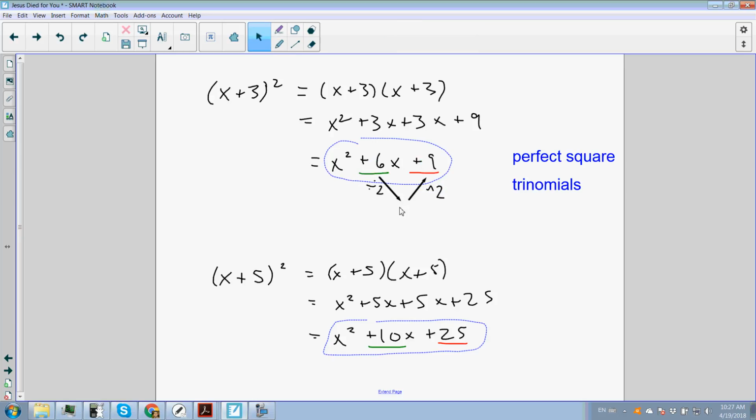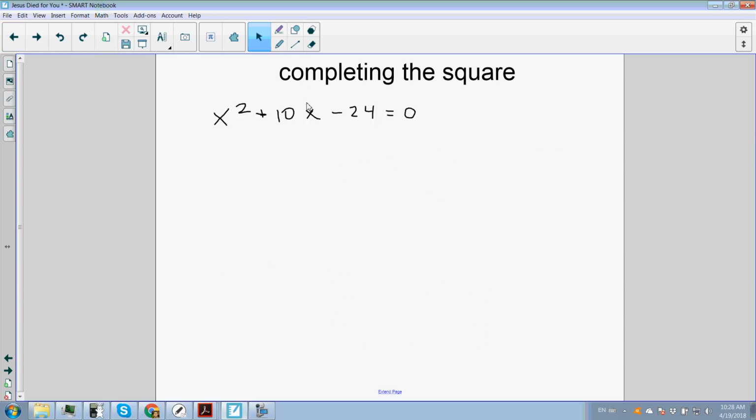If you divide 6 by 2, you get 3, and you square the 3, and you get the 9. So if the constant is the square of half of the x coefficient, then you've got a perfect square trinomial. So that's what we're going to accomplish with this trinomial. Now, the first thing we do though is we open up.